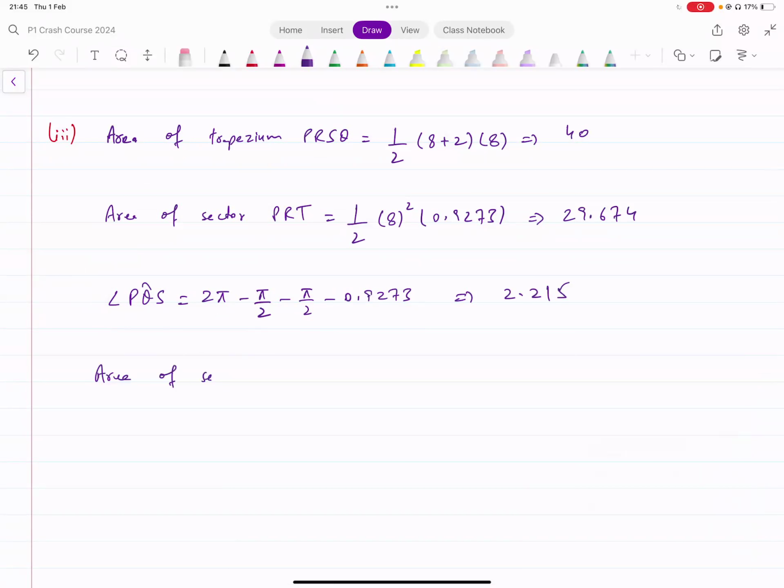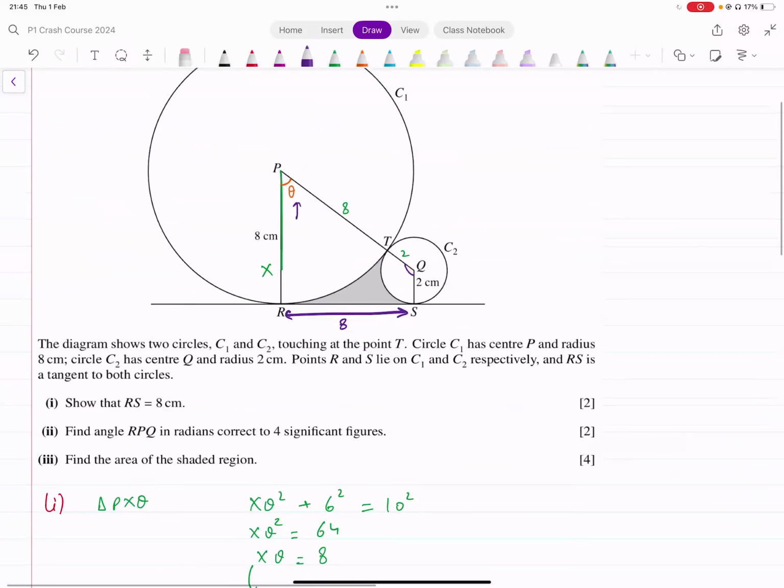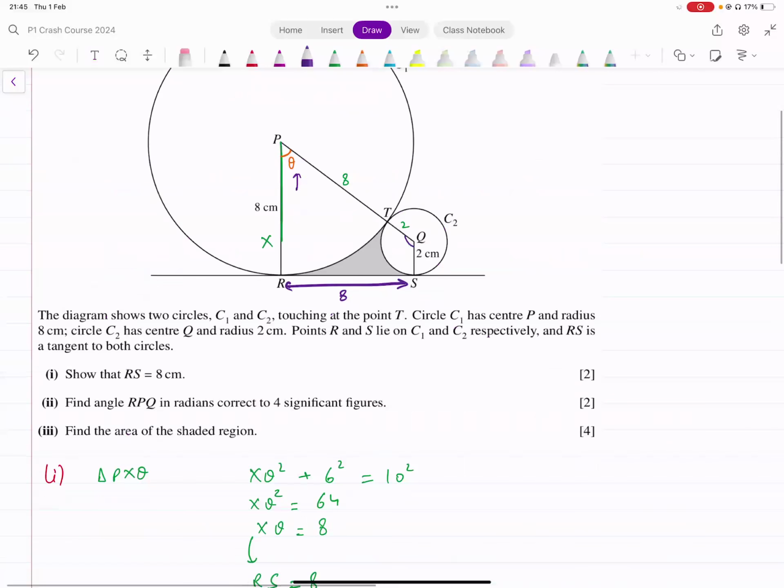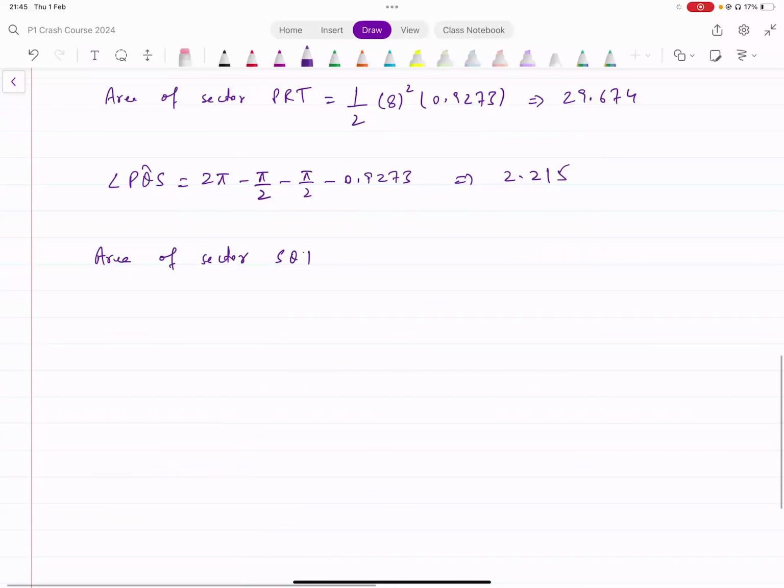Yes, sir. Okay, now area of the sector SQT, that's half r squared theta, half into 2 squared, that's the radius, into theta, that's 2.215. And that will give you this area.